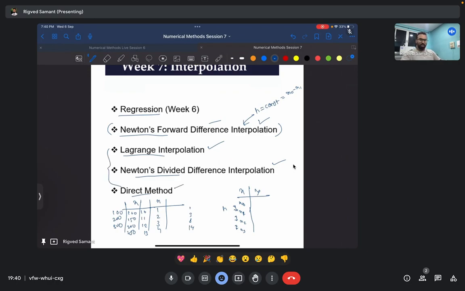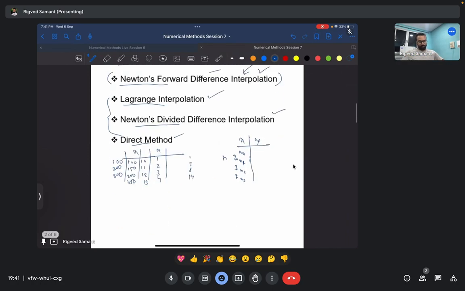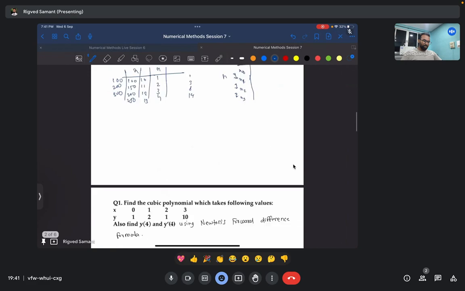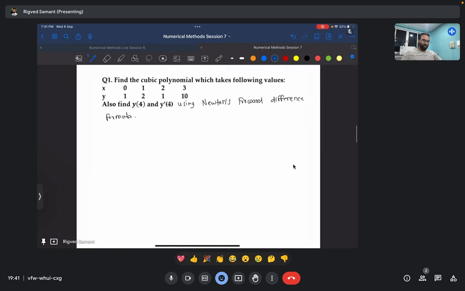This method also works with a constant difference h, but if you know the difference is constant, you can directly use the forward difference because it has fewer calculations to do. So with that context we will start. So what is interpolation?